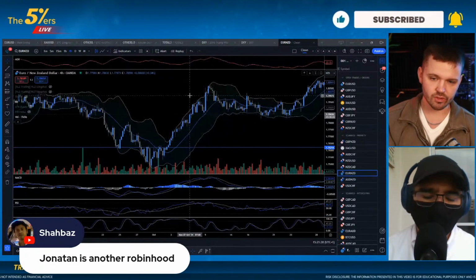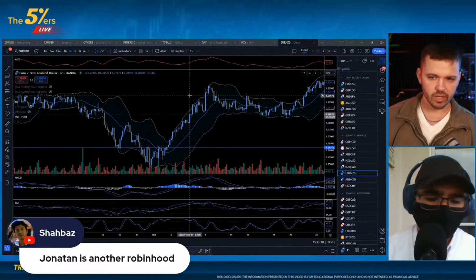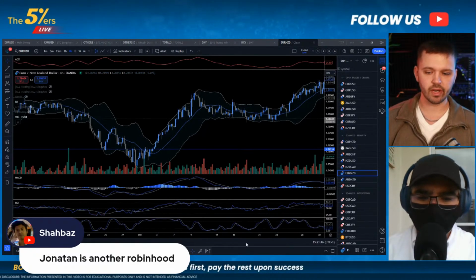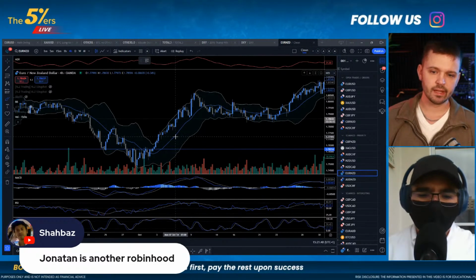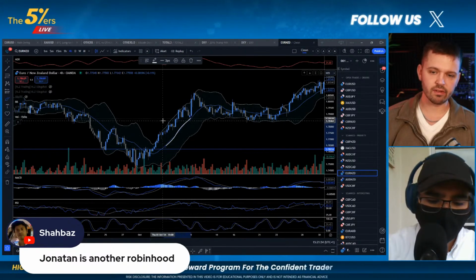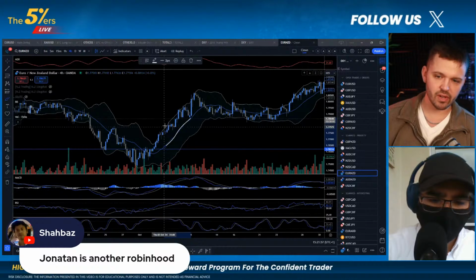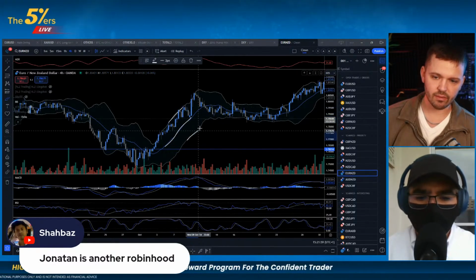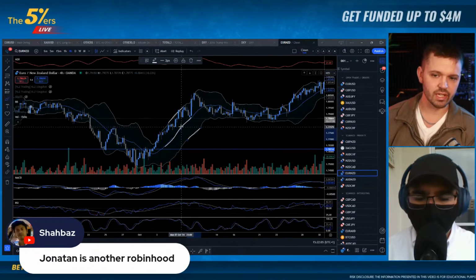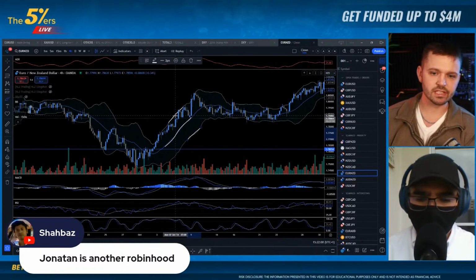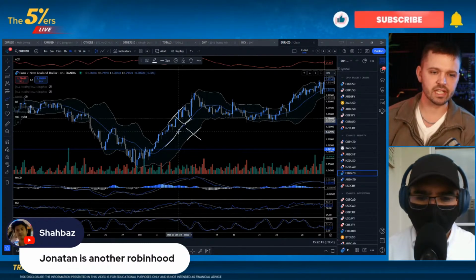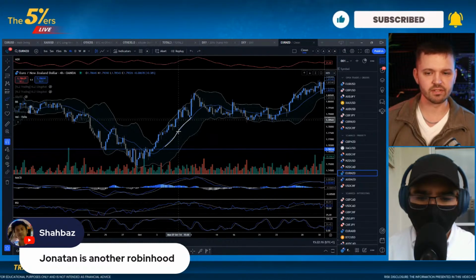You can trade this in different ways, but usually the way you trade using the Bollinger Bands is a mean reversal strategy where you have a moving average going in the middle, and then you have these lines up here and down here, and these are a specific standard deviation based on the moving average in the middle. The distance between the upper band and lower band depends on the settings that you have on the Bollinger Bands, but usually the standard deviation is 1.5, I believe.